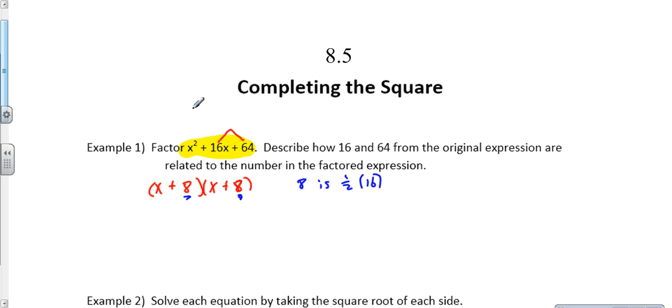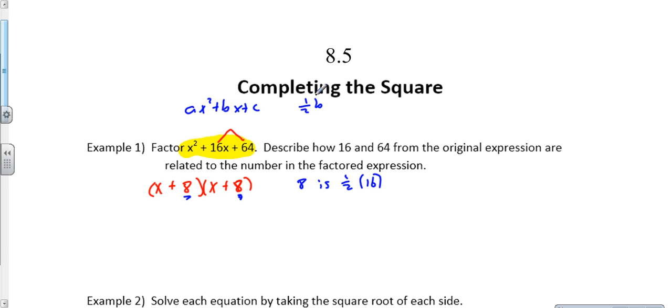Now if you remember ax squared plus bx plus c, using the terminology in this statement, we would say that our factor, the 8, is 1/2 of the b term.